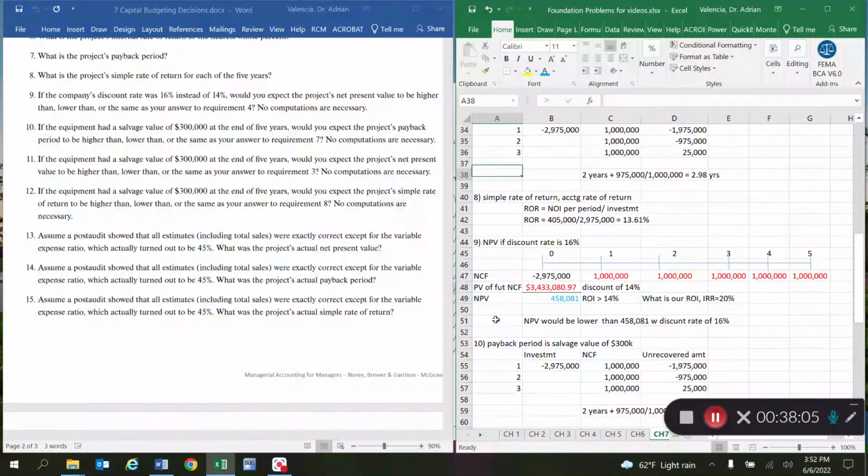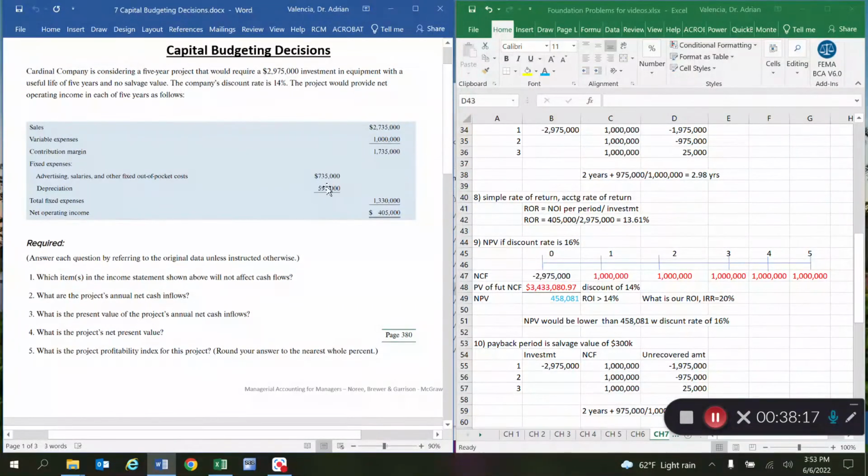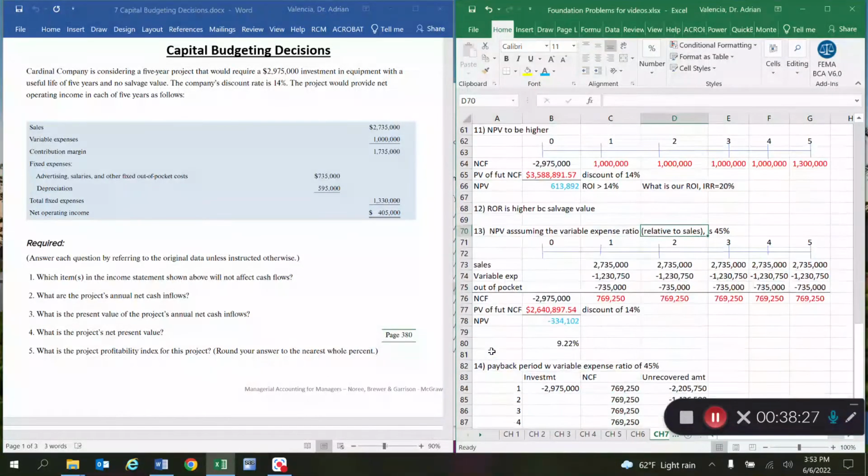Our simple rate of return ended up being 1361%. That was based on net operating income of 405, which, if you recall, included the depreciation amount that was taken out. Now, if our variable expenses are going to be higher, then our operating income is going to be lower. So let's go ahead and figure out what that would be.